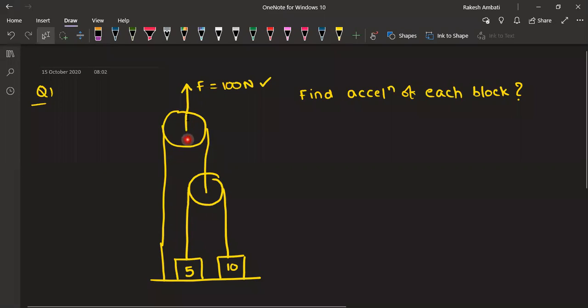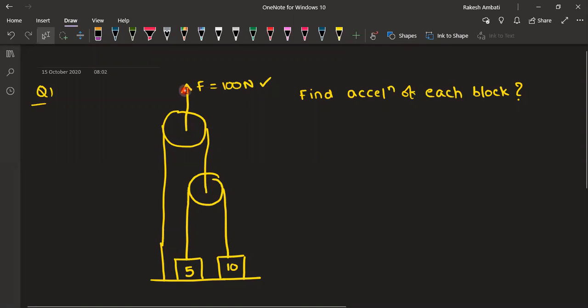So if it is 100 newtons, in this string 15 newtons, in this string 15 newtons will be present. So 15 Newton, and totally balanced by 100 newtons. In the case of an ideal pulley, that means massless pulley, resultant force is 0. Resultant force 0 means the forces are balanced.